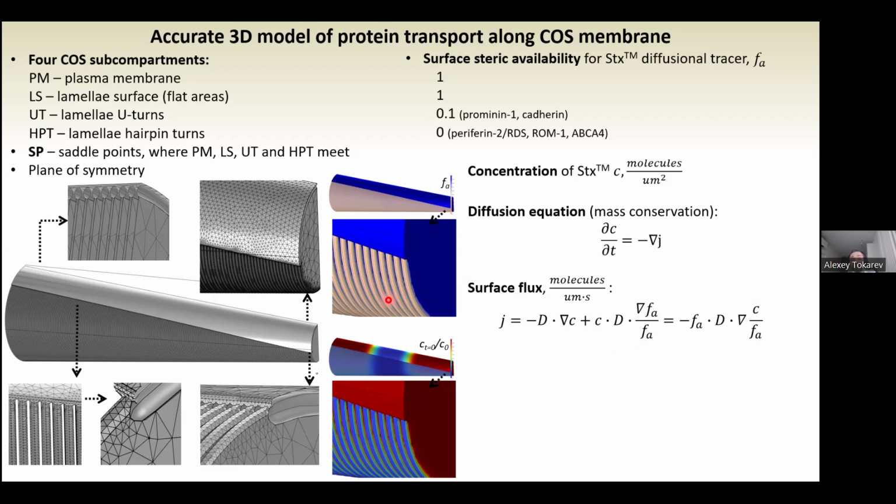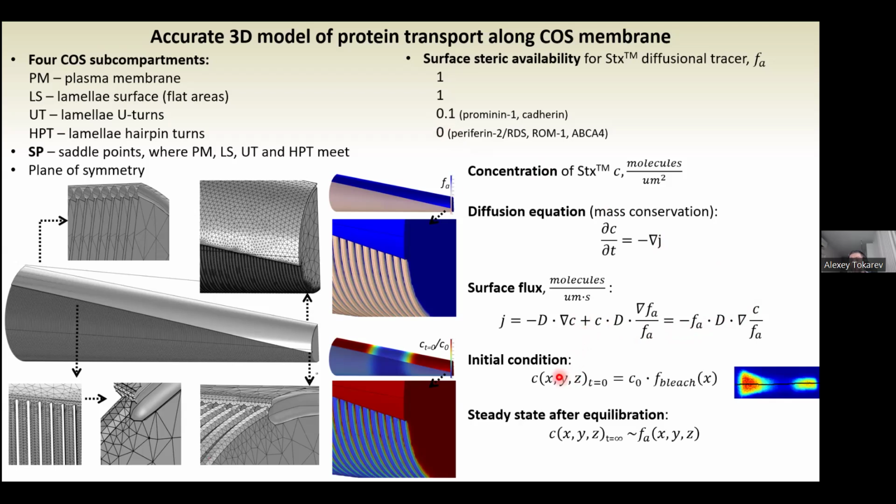In the hairpin turn we actually do not solve the equation for concentration because the concentration there is 0. We know it from experiment. So we solve this equation with some initial condition which corresponds to the initial bleach of the outer segment in the experiment.